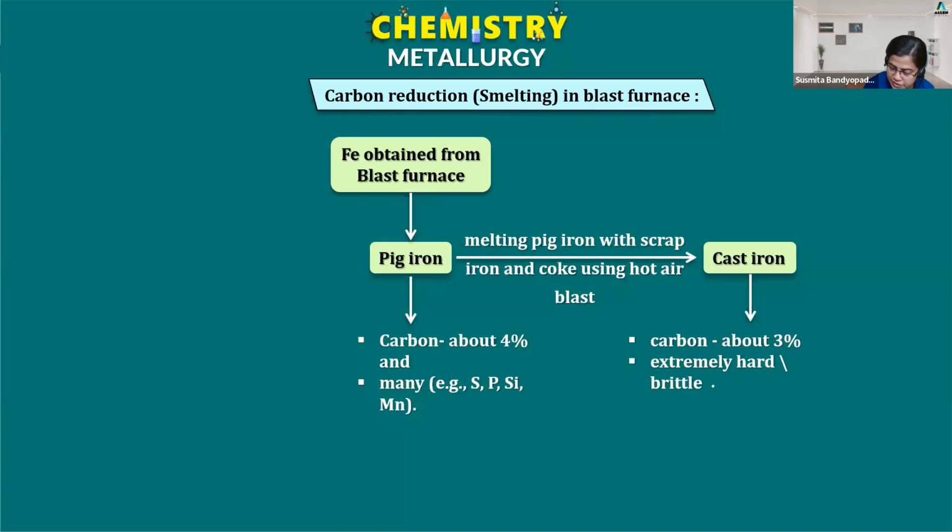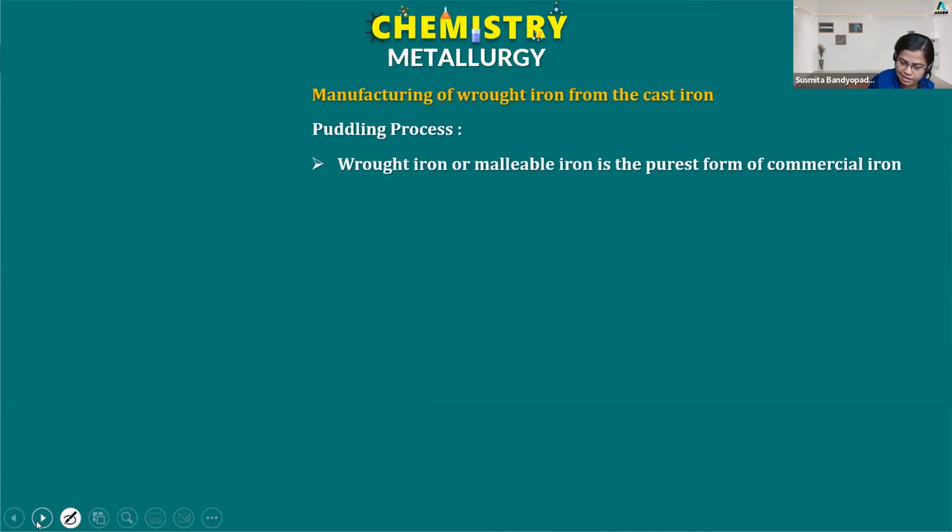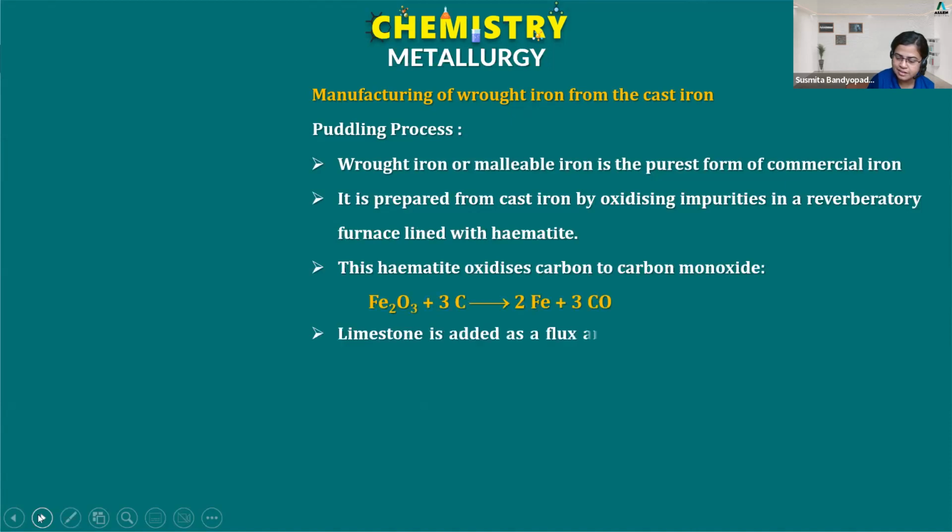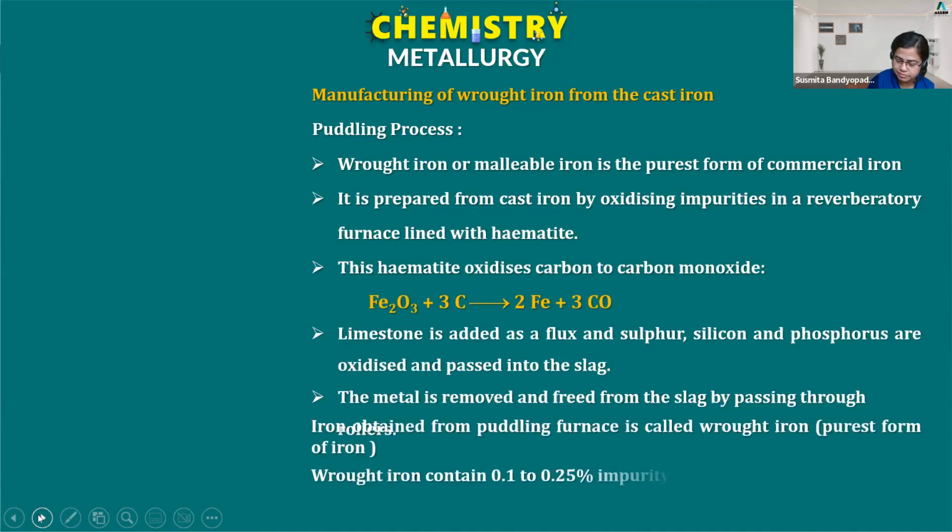Now it has become extremely hard and brittle, but it's still 3%, 4 to 3. What a big deal. The puddling process is what I would like to discuss now. So, wrought iron or malleable iron is the purest form of commercial iron.